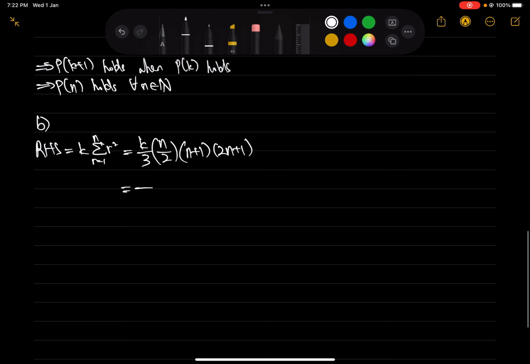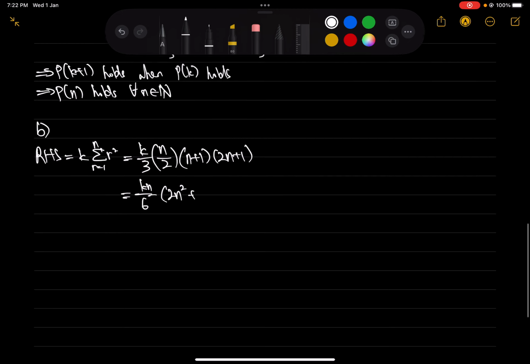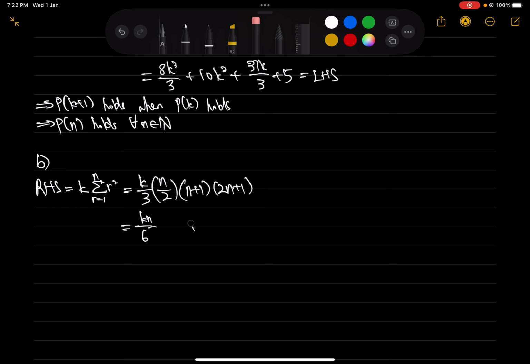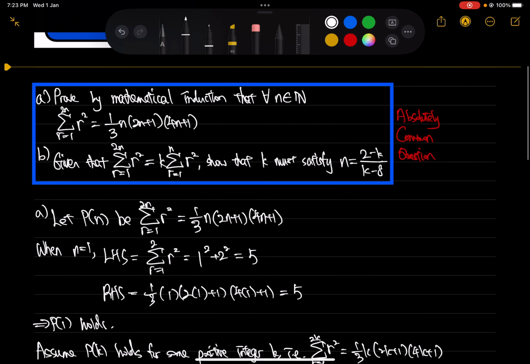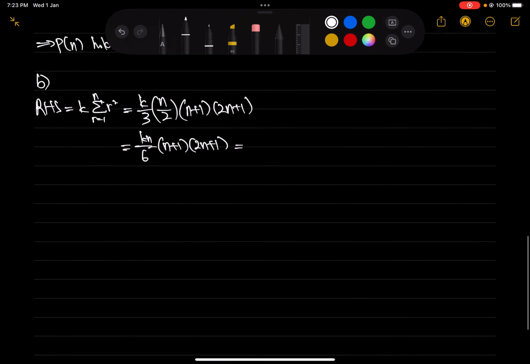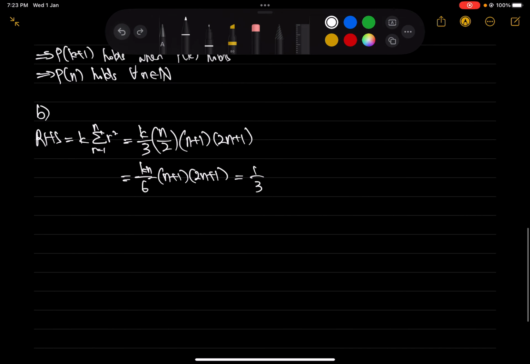And then we'll have kn over 6 of n plus 1, 2n plus 1, and that equals LHS, which is the thing we proved in part A, 1 over 3 n, 2n plus 1 and 4n plus 1.